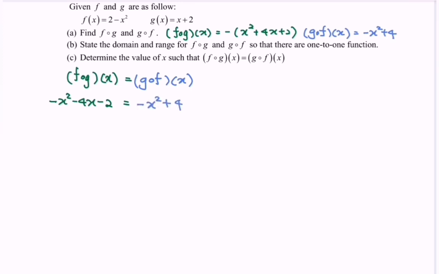If we simplify, we have negative 4x minus 2 equals 4. Rewrite: negative 4x is equal to 6. So x is equal to 6 over negative 4. So the value of x will be negative 3/2.